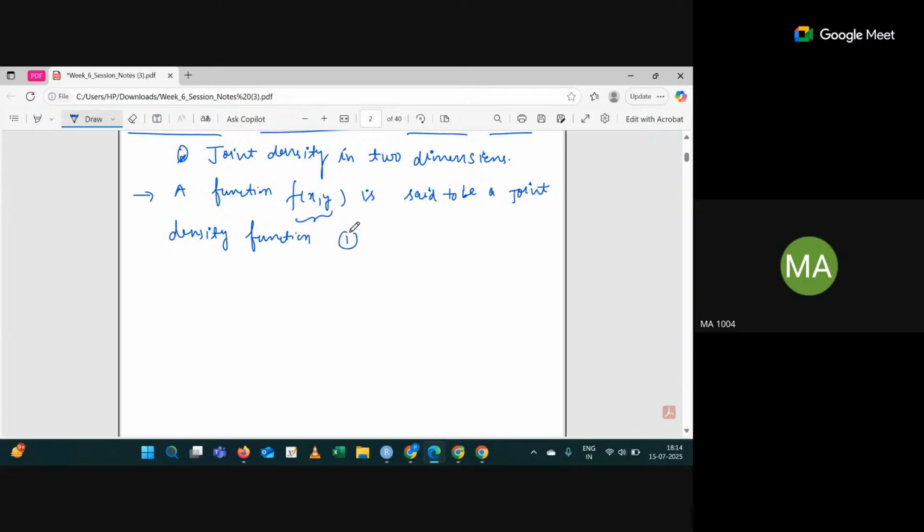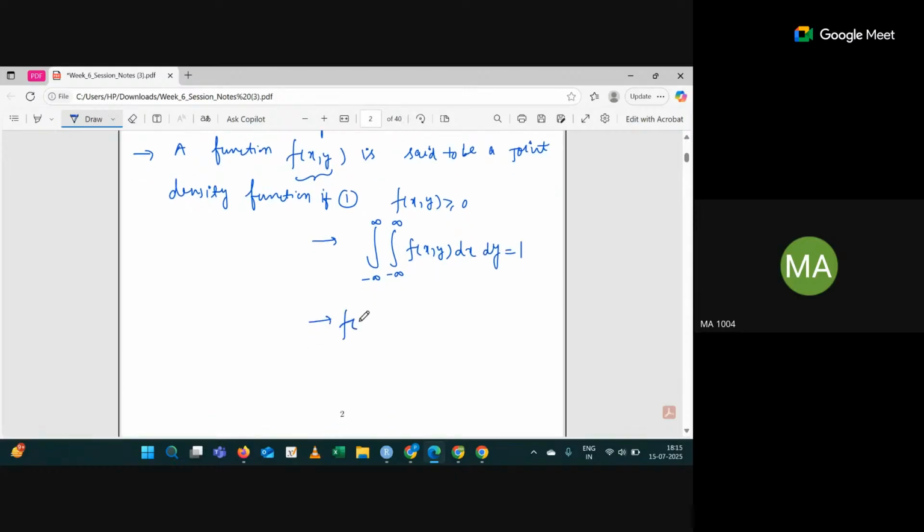So first thing, this f of x comma y, this joint density, should be greater than or equal to 0, and then area under the curve, which you will integrate throughout the support of x and then y, this whole thing should be equal to 1, and the third one is f of x comma y should be piecewise continuous. Okay.